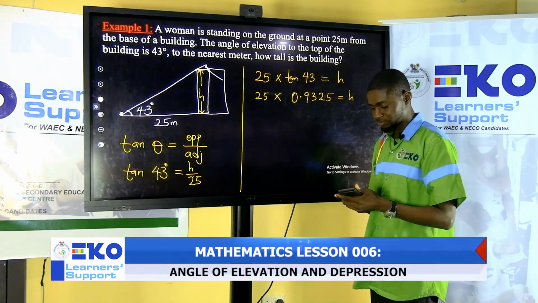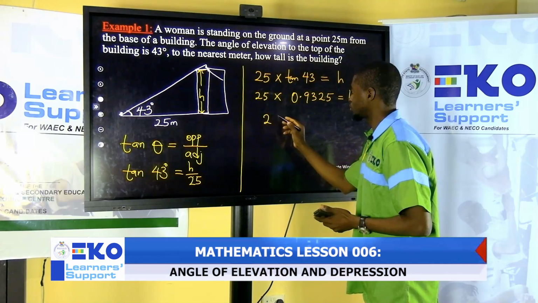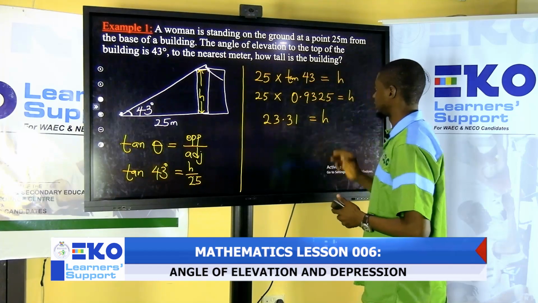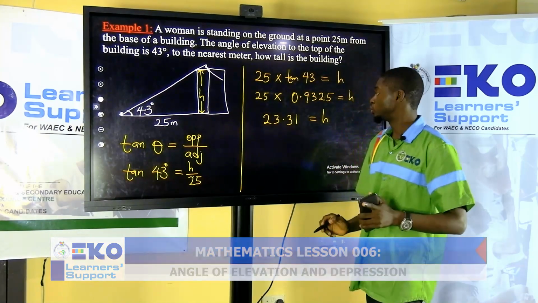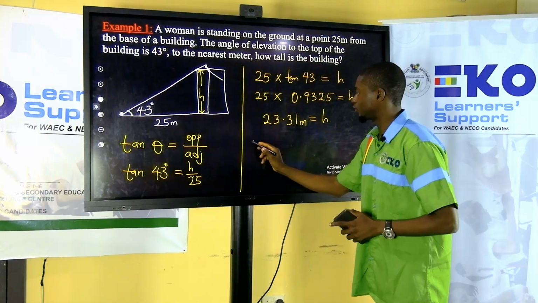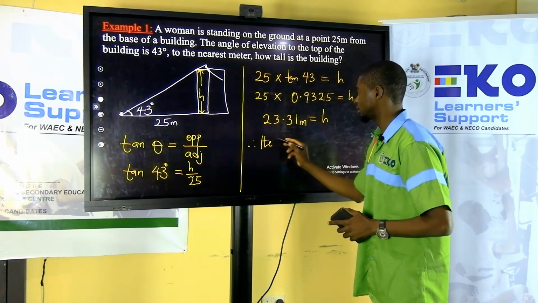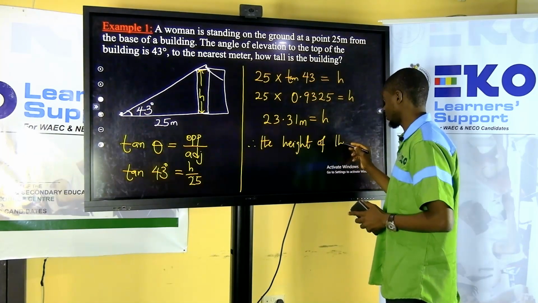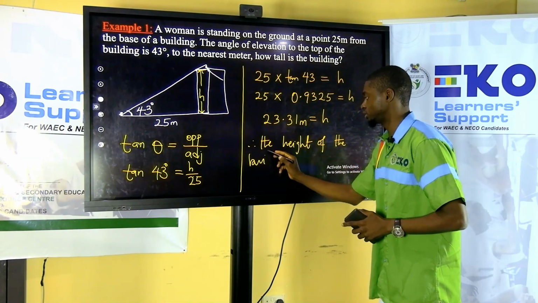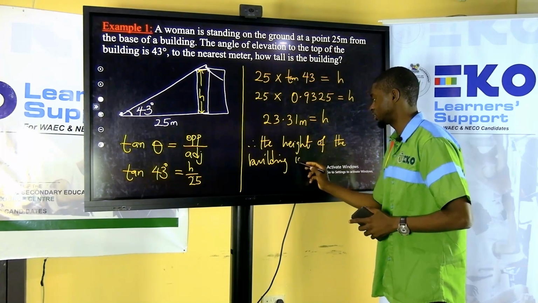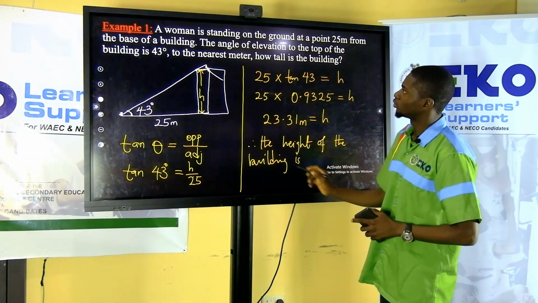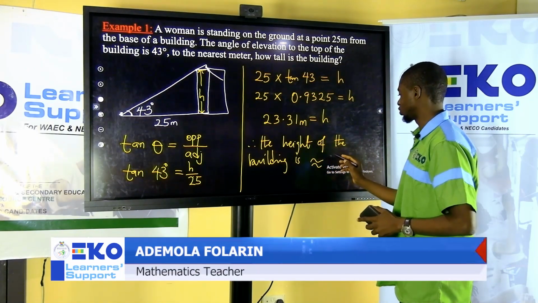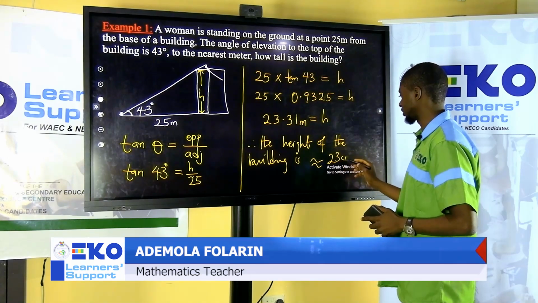Multiplying by 25 gives us 23.318 meters. Don't forget your unit, meters. Therefore, the height of the building, to the nearest meter, is approximately 23 meters.